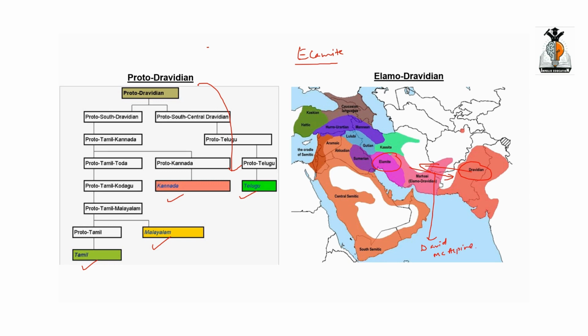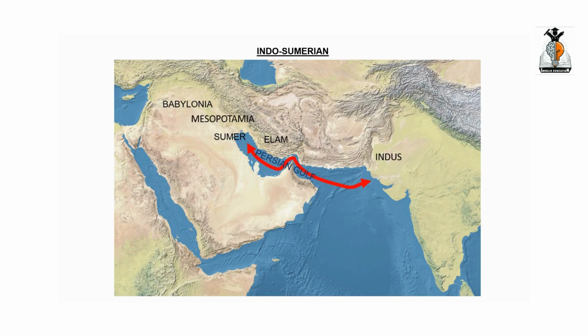Next, let us see about Indo-Sumerian language. Sumer is one of the earliest known civilizations located in the historical region of Mesopotamia, now in Iraq. Sumer was located approximately 600 miles west of Indus and separated from the Indus land by the Arabian Sea.